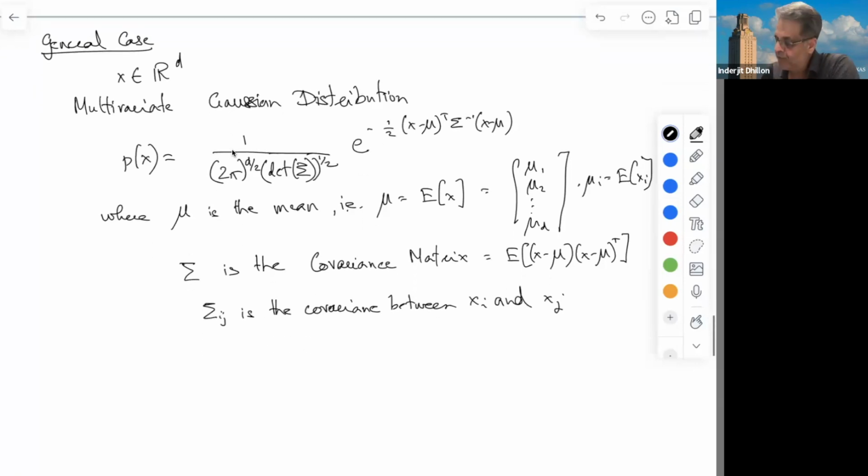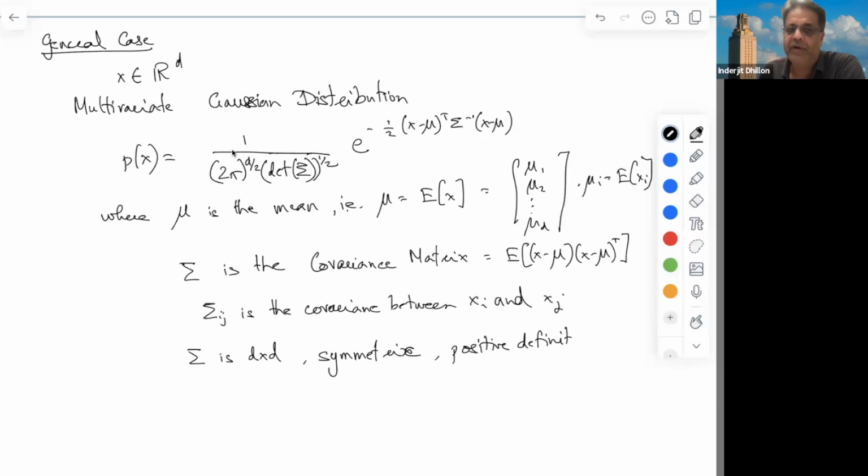So the covariance matrix has the following properties. Remember, it is going to be a D by D matrix. It is going to be symmetric, and it is also positive definite.